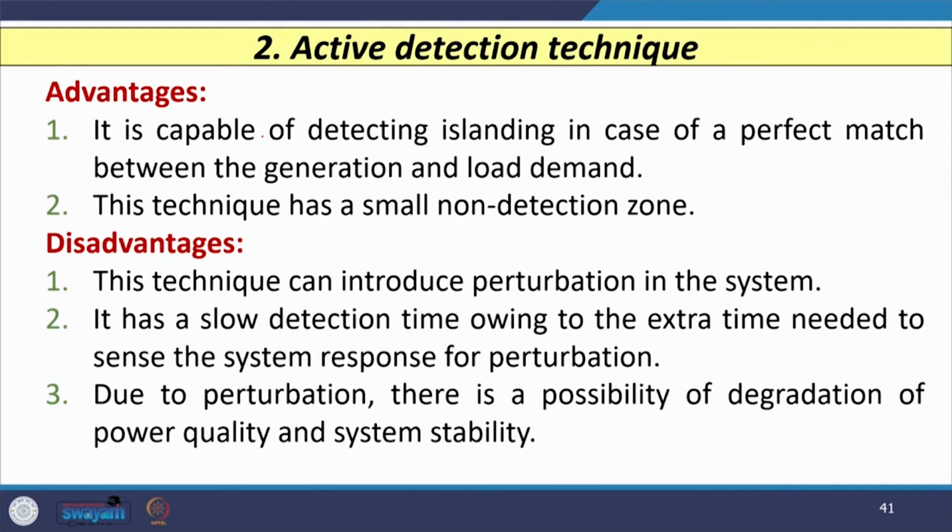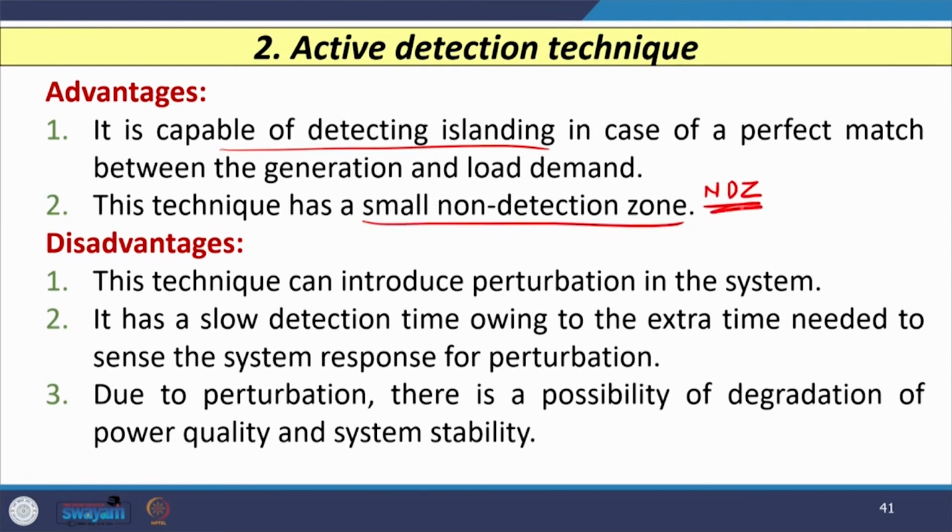Let us see the advantages and disadvantages of the active detection technique. It is capable of detecting islanding in the perfect power balance situation, when there is a perfect match between the generation and the load demand. This technique has a small non-detection zone.